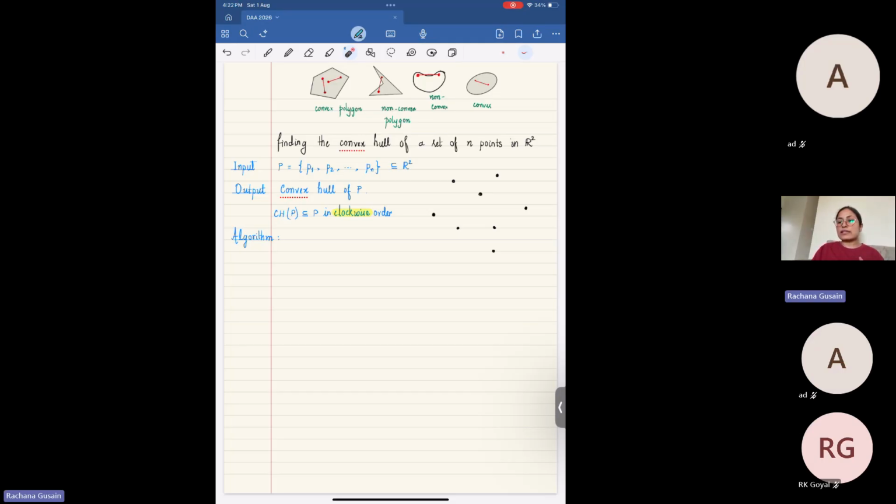So every point has x coordinate and y coordinate. Which points do you think must be part of the convex hull? Let me give you some hint. Forget about the y coordinates. Look at the x coordinates of the points. Now, which points do you think must be there in the convex hull?